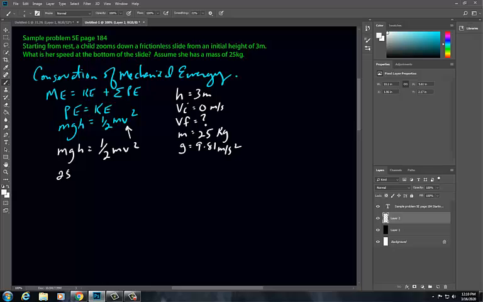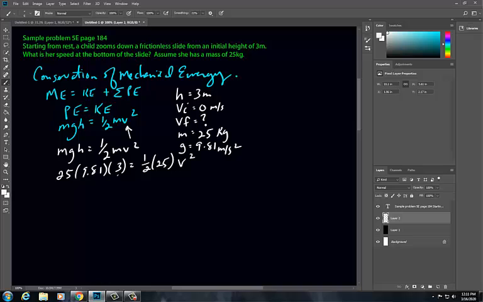So we know 25 times 9.81 for g, and the height is 3 meters. Well, that should be equal to 1/2 times 25 for the mass, and then her final velocity v we're going to find.